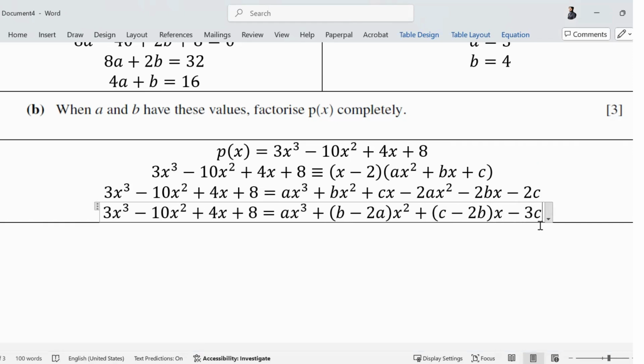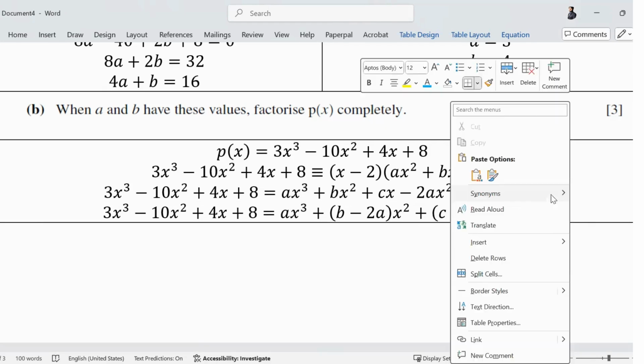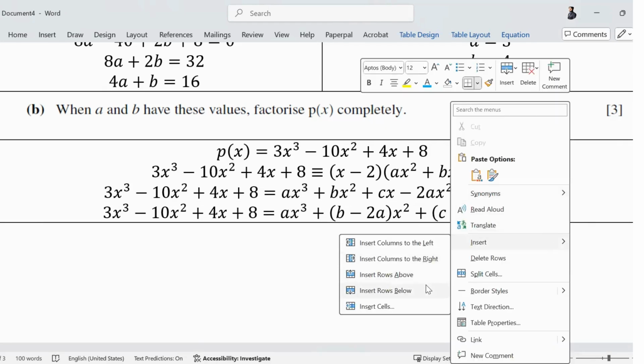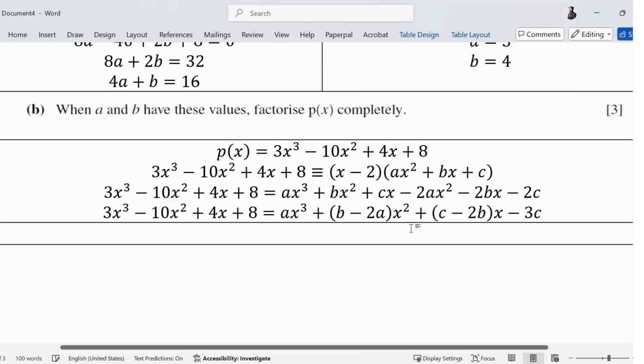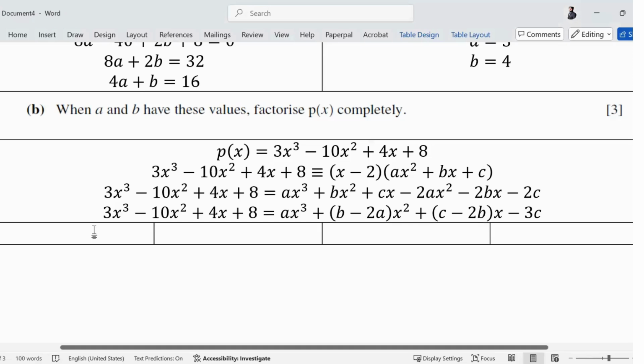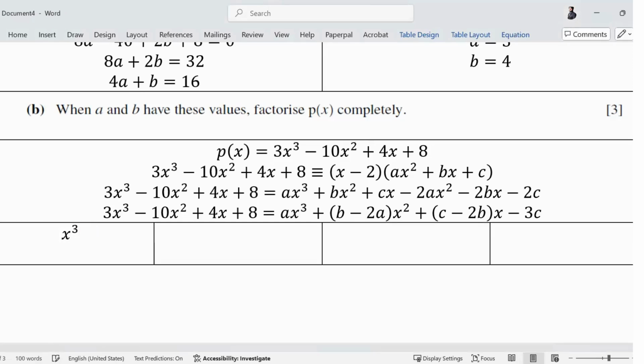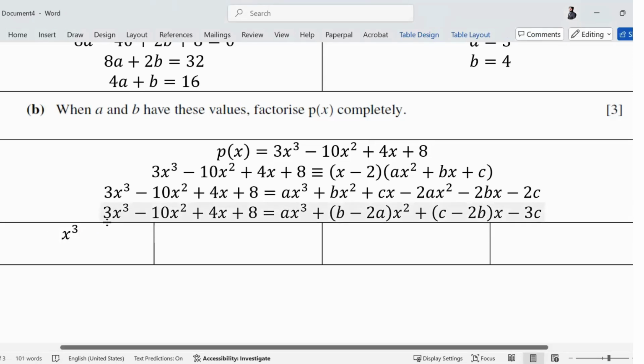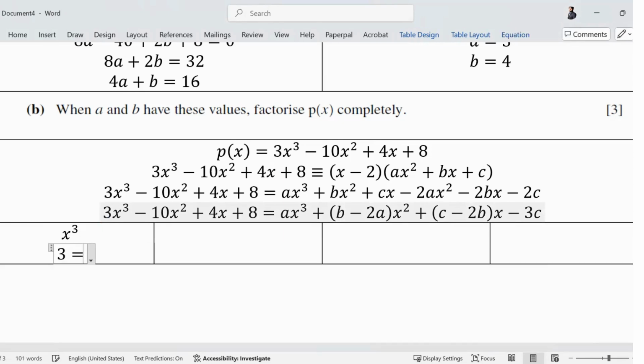Now, if I am comparing the coefficients, for x cube, what is the coefficient on the left and what is the coefficient on the right? A. So I figured out the value of a.